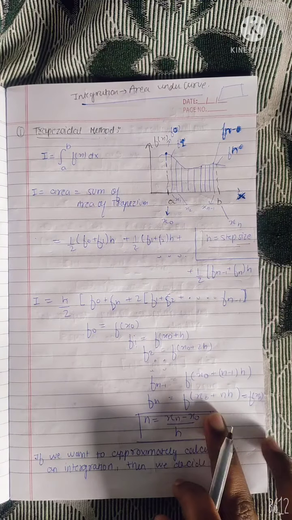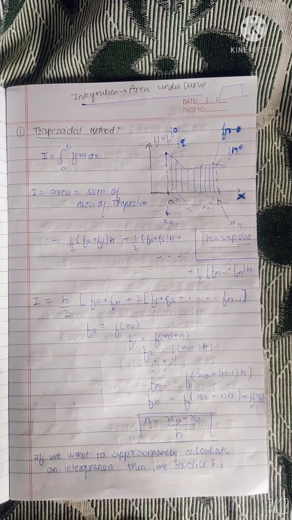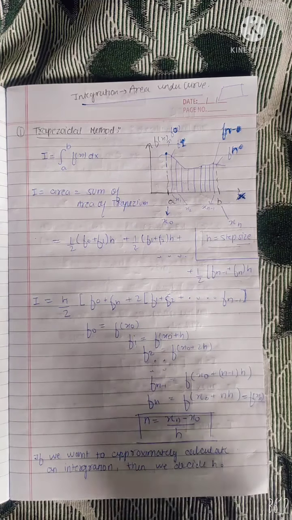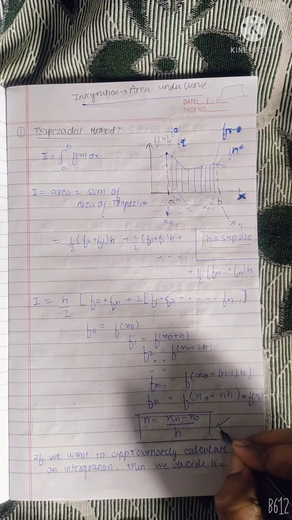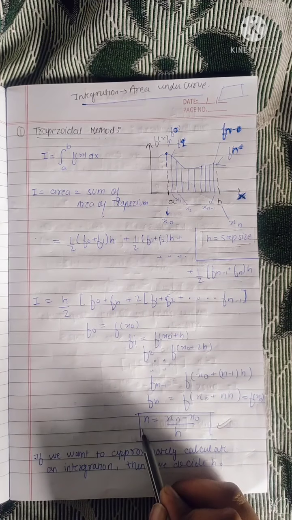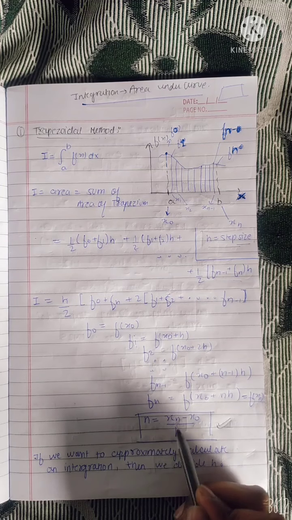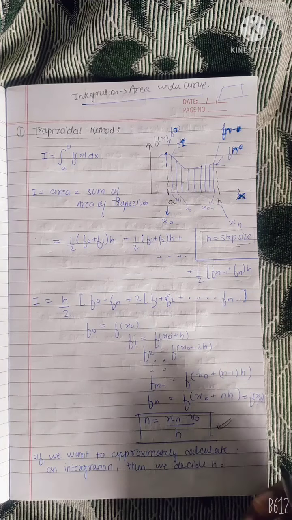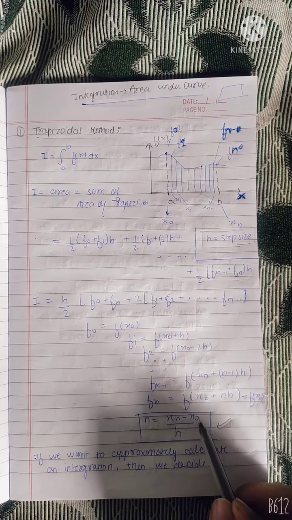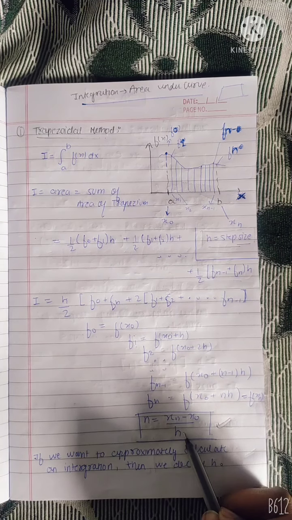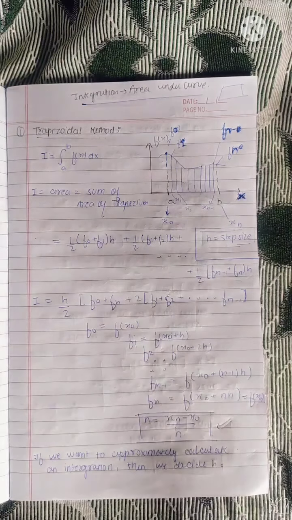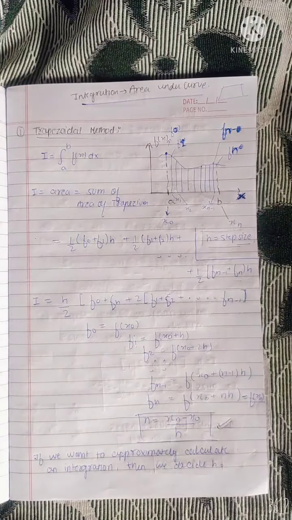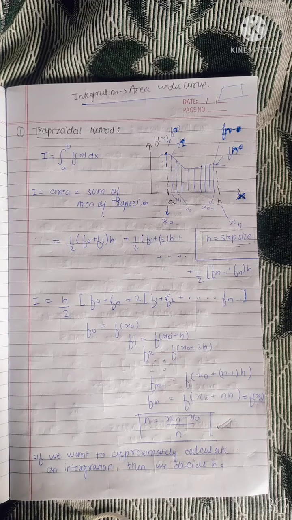Fn is equal to f(x0 plus nh), which is f(xn). So the important relation here is n equals xn minus x0 upon step size, or step size equals the final minus initial upon the number of divisions we need. If we want to approximately calculate an integration, then we decide h.